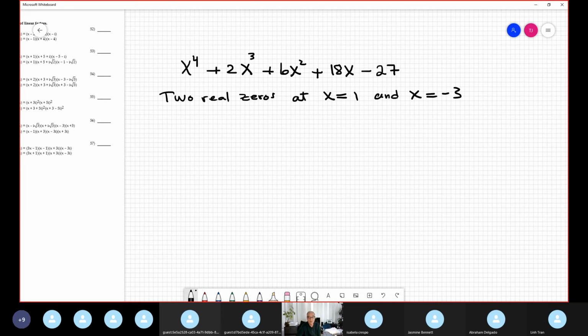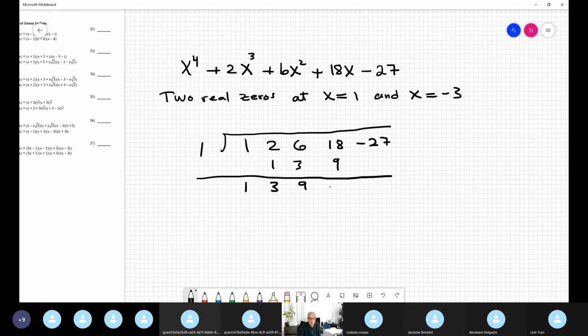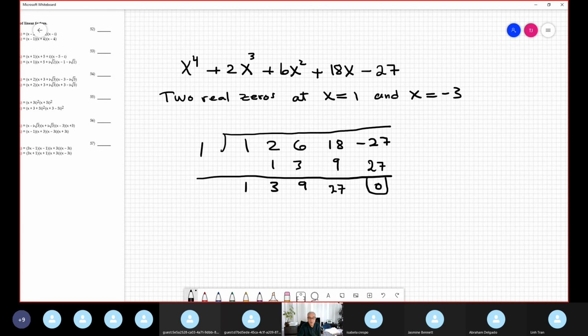Therefore, I need to perform 2 synthetic divisions. 1, 2, 6, 18, negative 27. I'm doing 1 first, because I consider it easier. 1 times 1 is 1, is 3. And 9, and 9, 27. 27 positive, 0 remains. The factor is x minus 1.